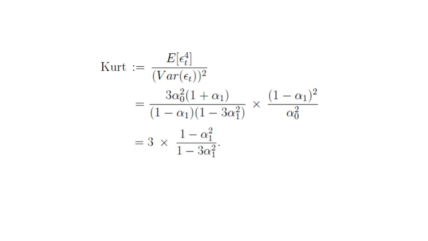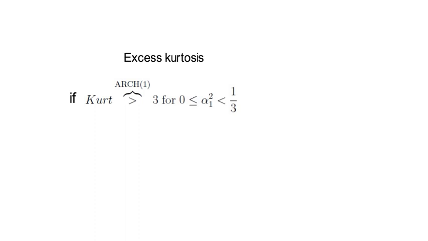So after all that algebra, you've learned that the ARCH(1) parametrization accounts for excess kurtosis, which means a kurtosis that exceeds the Gaussian kurtosis of 3 if the following parameter restrictions hold, meaning the kurtosis of an ARCH(1) model is above 3 if alpha 1 square is positive or 0, but less than 1/3.